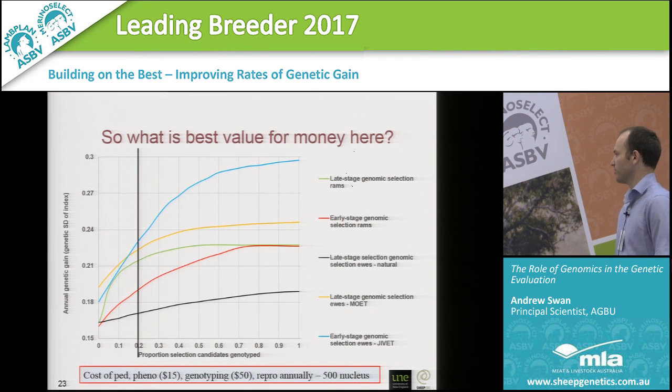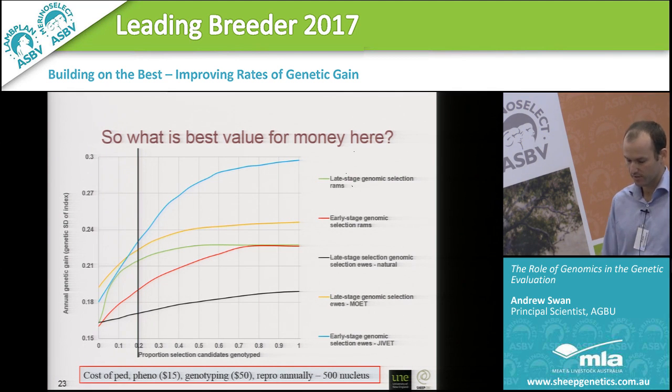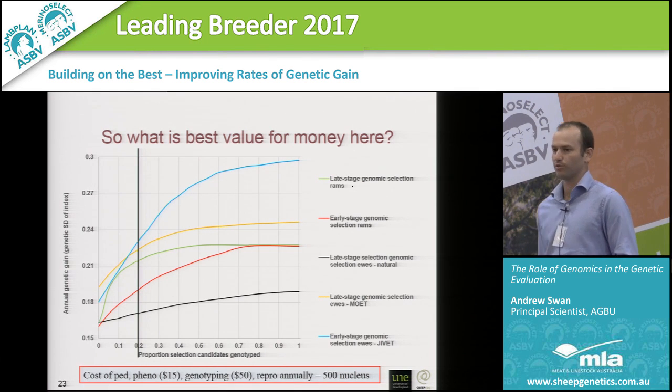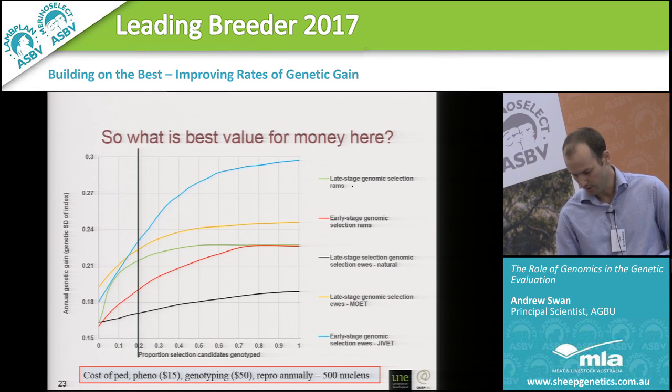And we're assuming that the cost of pedigreeing and phenotyping these traits is $15 and genotyping is $50. And then we're assuming in the reproduction, a GIVIT lamb will cost you $110 and a mowat lamb will cost you $130. And that's taking in cost of hormones and professional services and wasted recips and all the rest of it.